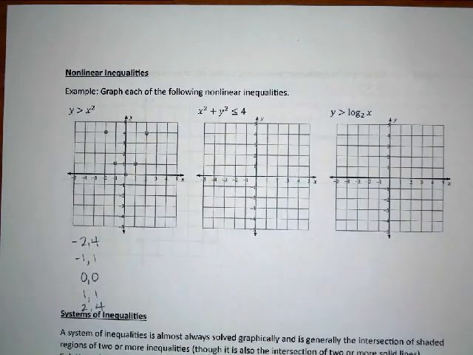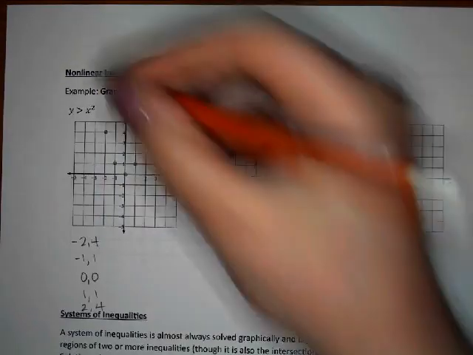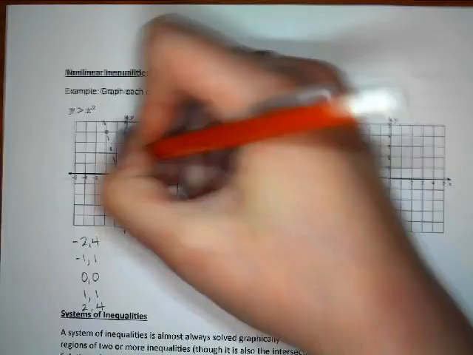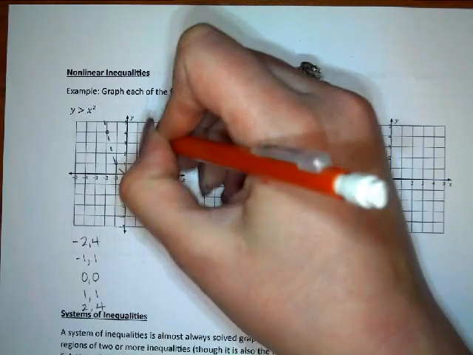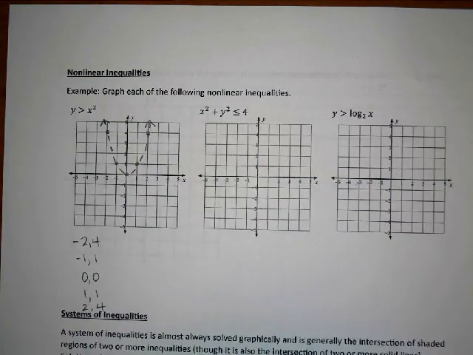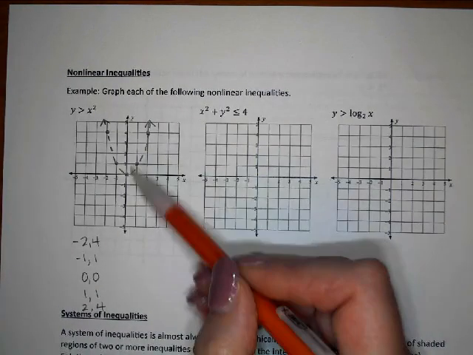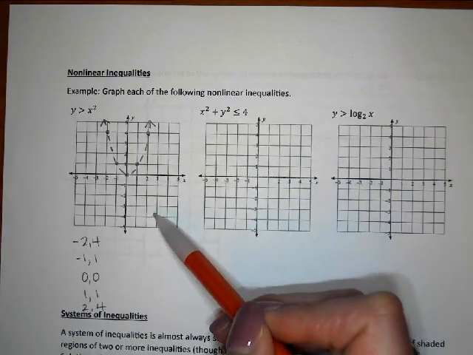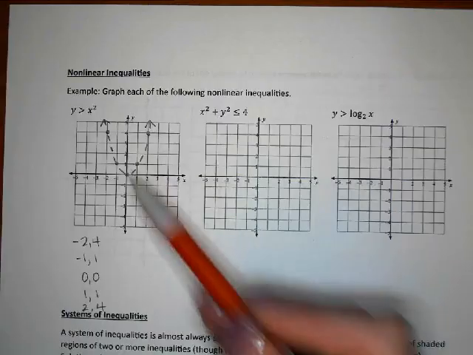There's my quadratic, and I know from the symbol that it should be a dotted line, not a solid line. And then because of the shape of my graph, I'm not going to think about the left side of the line and the right side of the line, or the bottom of the line and the top of the line. I'm going to think of this as the inside of the parabola versus the outside of the parabola. And that's how I'll determine where the shading should go.